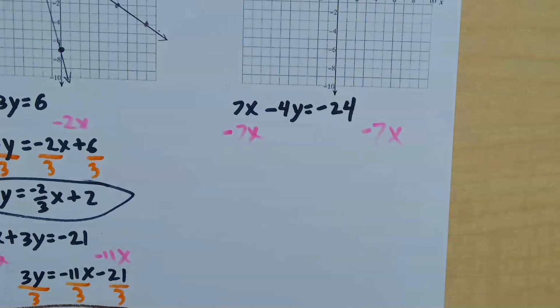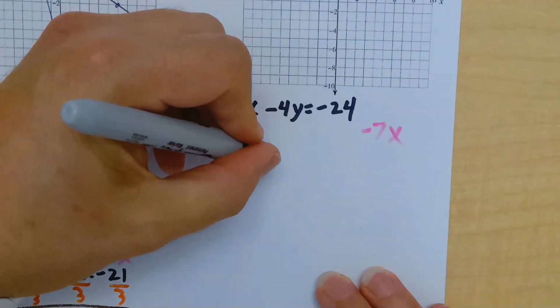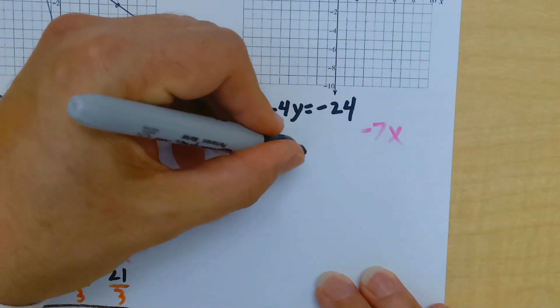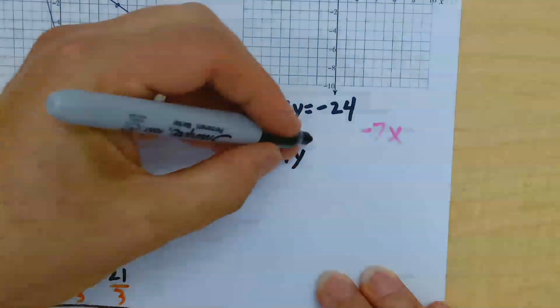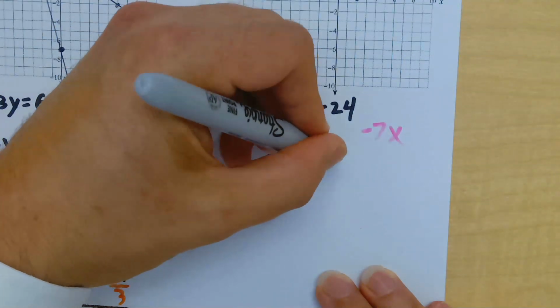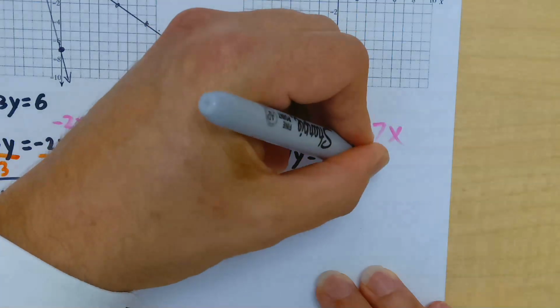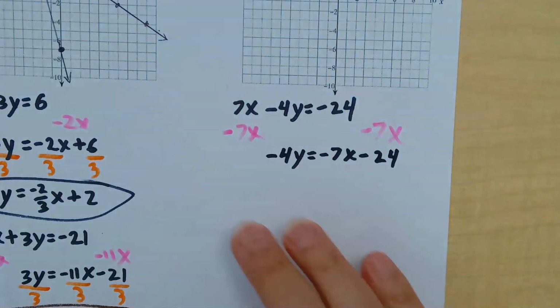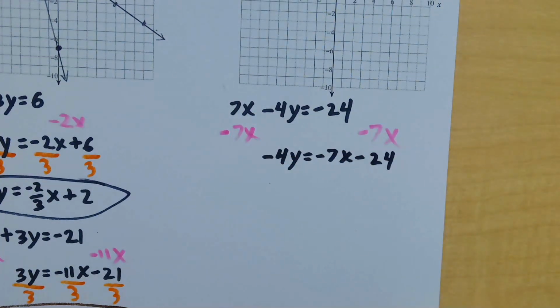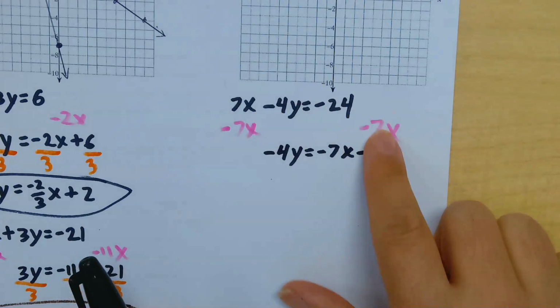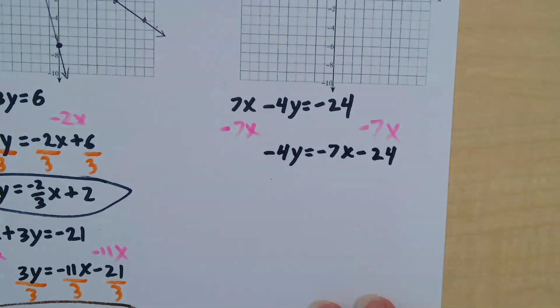I hope you're using color just like I am, because it really, really makes a difference. If you're struggling, you can see the steps really clearly. So now I've got 4y... rather, negative 4y equals negative 7x minus 24. Okay, so my first pink step was to get the x term to the other side of the equal sign.